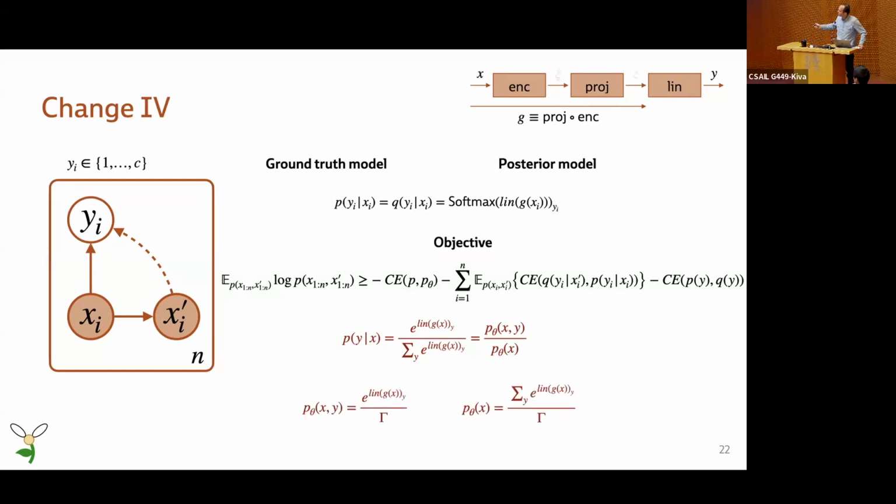From here, we define the joint and the marginal in the following way by introducing a constant, and when we replace it back into the ratio, we get back our softmax. This gives a way to extract a generative model out of our classifier.